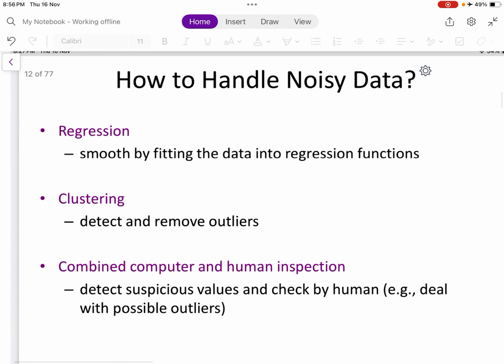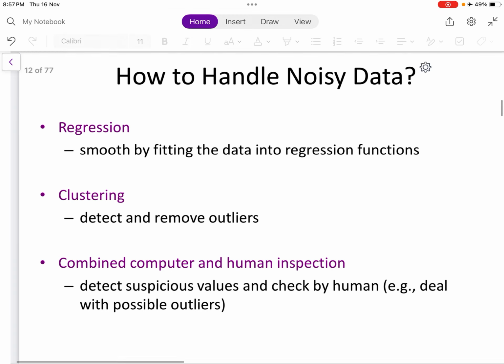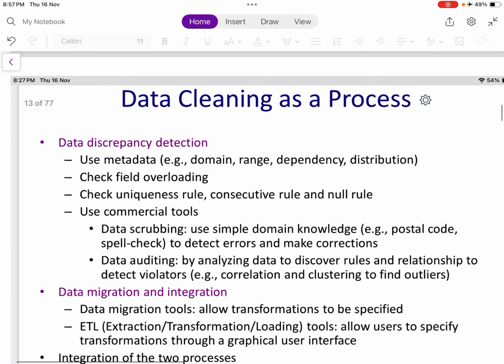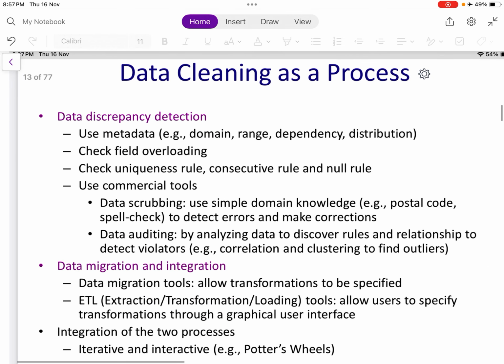How to handle noisy data with regression? Smooth by fitting the data into regression functions, clustering, detect and remove the outliers. Combine computer and human inspection, detect suspicious values and check by human. So, data cleaning as a process. Data discrepancy detection. Use metadata, for example domain, range, dependency, distribution, check field overloading, check uniqueness rule, consecutive rule and null rule.